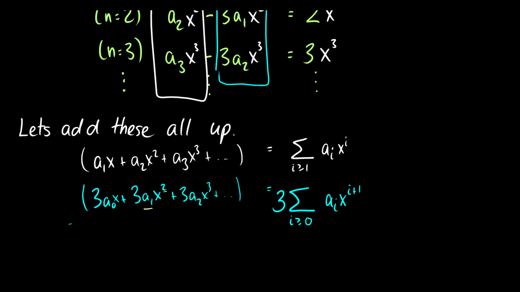In fact, if I wanted to, I could factor out 3x and just say this is a0 plus a1x plus a2x squared, and so on and so forth. So I could factor out an x, but I'll leave it in there for now.